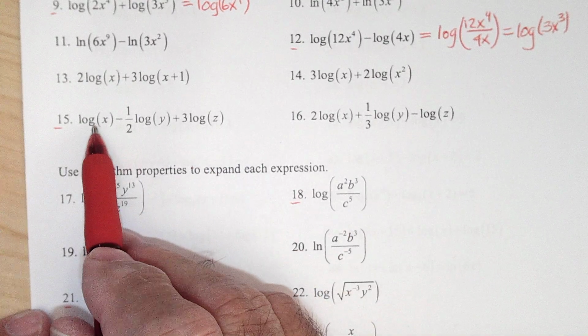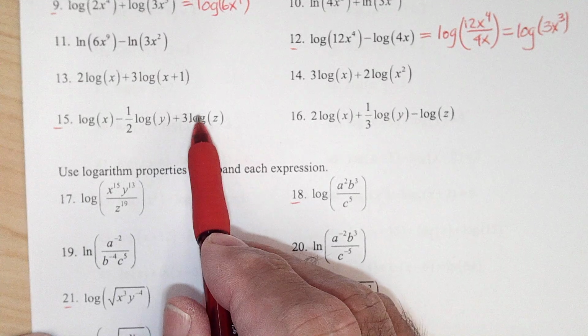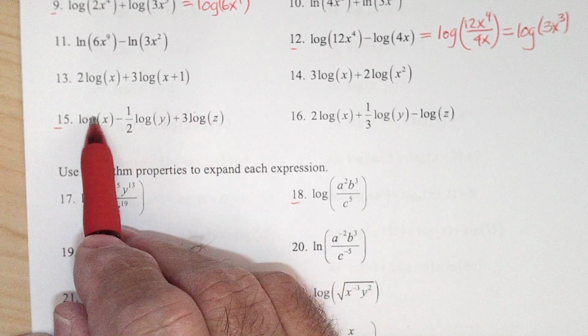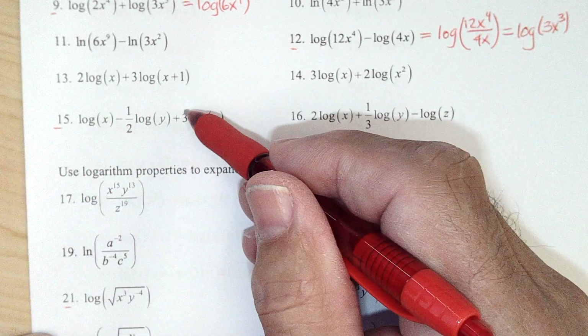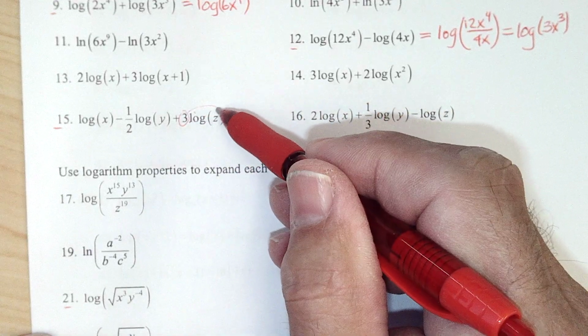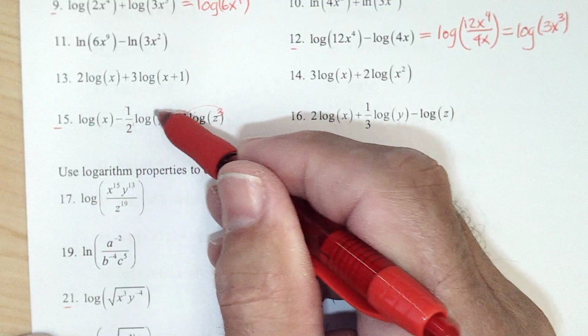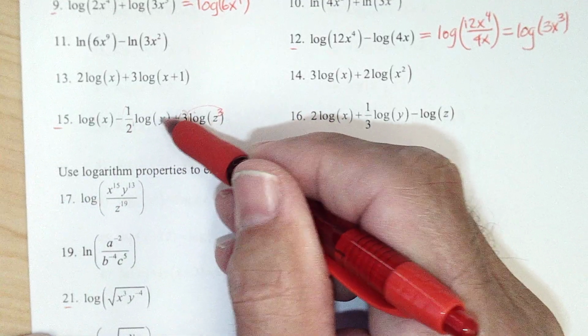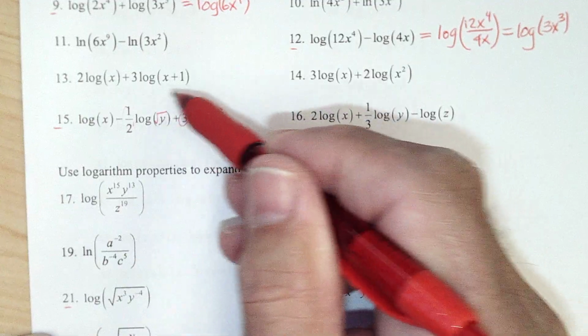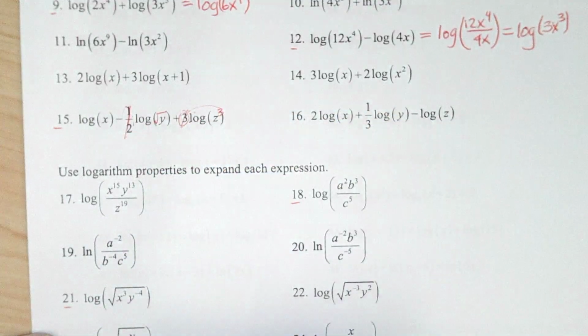This one. So this one is a subtract, and this one's an add. So the add ones can go to multiply. But first, we're going to take care of the numbers in front and put them up as the powers, according to one of our rules. And this half will go up as a power, but y to the half is just the square root of y. So the half is out, the 3 is up there.